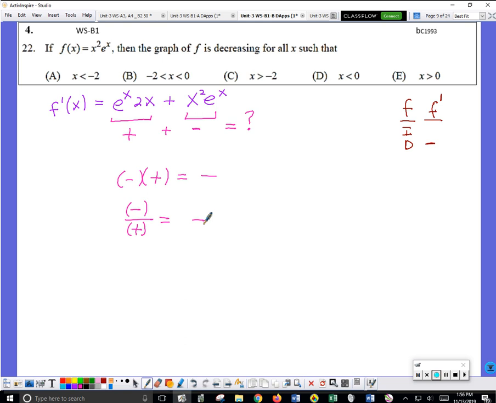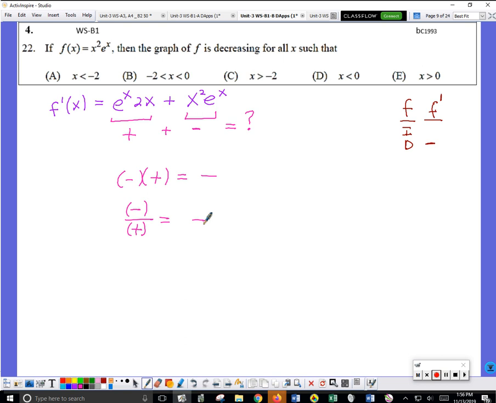Okay, so I want to break f prime into pieces. Focus. I want to break f prime into pieces. But I do not want to break it into pieces that are adding. I want to break it into pieces that are multiplying.